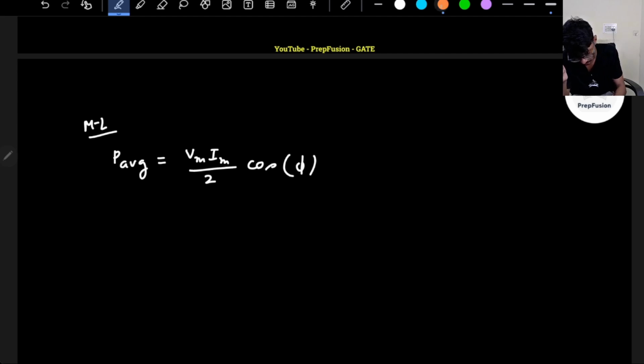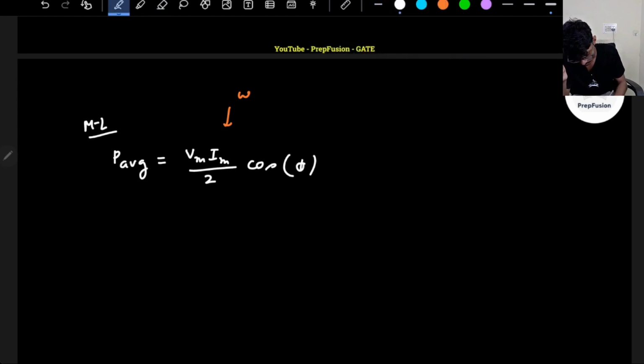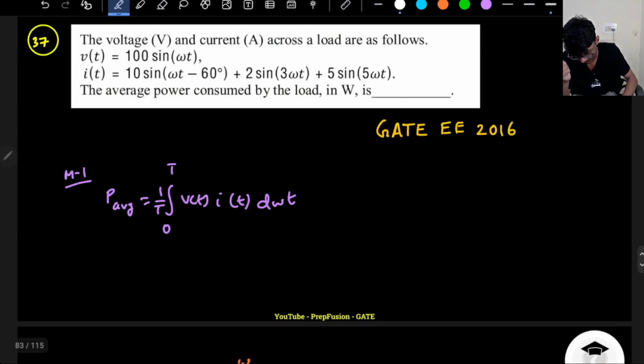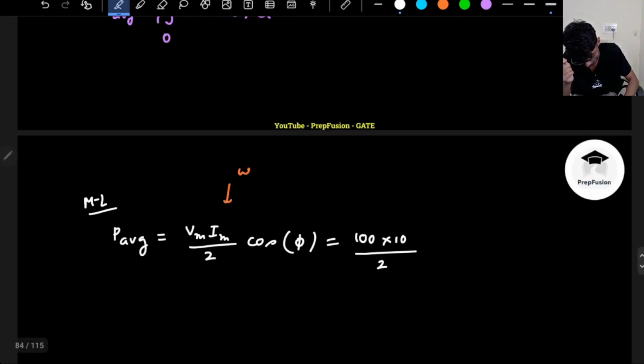This is due to the omega component. For all others it is simply 0. So it will be 100 into 10 divided by 2 into the power factor.